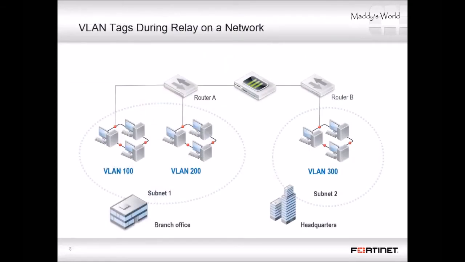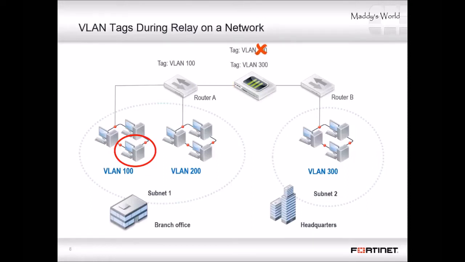In the example above, a computer sends a frame which passes through a router first. This router applies a VLAN 100 tag since the frame originated from a computer on VLAN 100, not VLAN 200. Then, the router forwards to the network interface on the FortiGate that is also configured as part of VLAN 100.